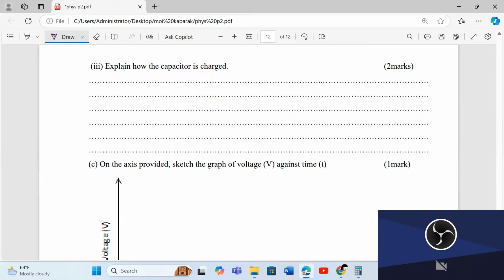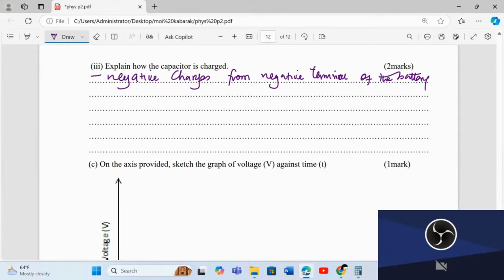Then you can say negative charges flow from the negative terminal of the battery to the plate connected to it.